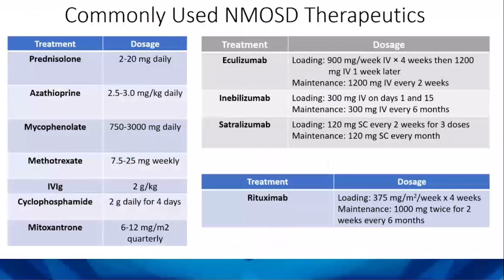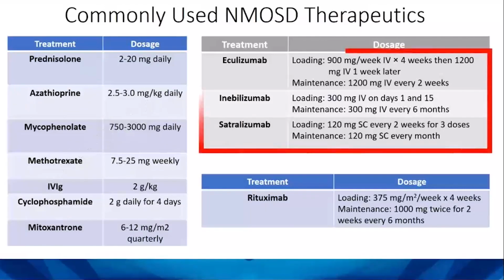And for this disease, we have several immunosuppressive therapeutics that were tried when we first learned that this was a separate disease. But now we have 3 approved therapies finally that just got approved about as early as 5 years ago. And off-label, we can use rituximab as seen below.